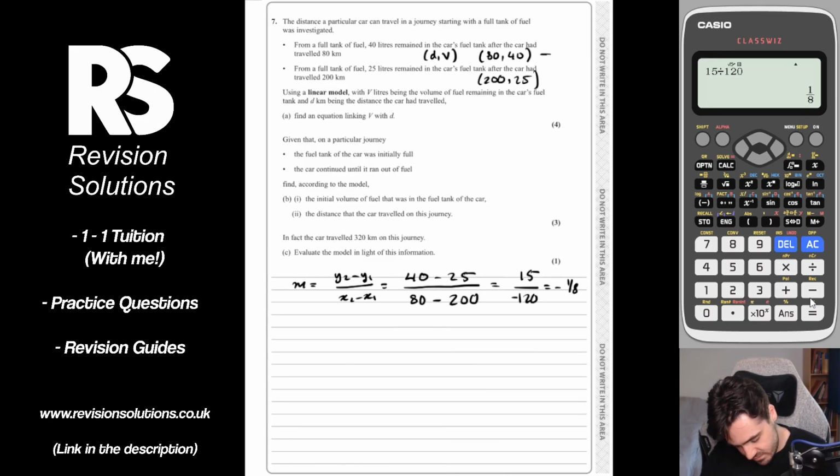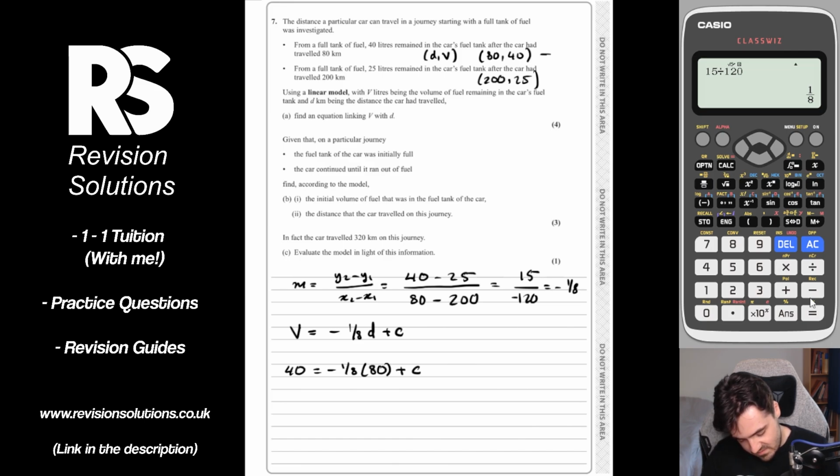So our equation must be something like V equals minus an eighth D plus a constant. To find the constant, let's just plug either of the points in. I'm going to plug in the point 80, 40. So 40 is going to equal minus 1/8 of 80 plus c.